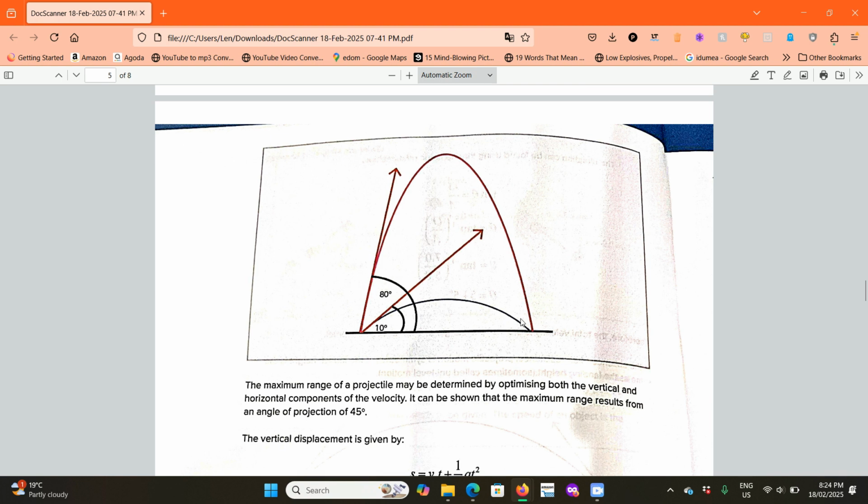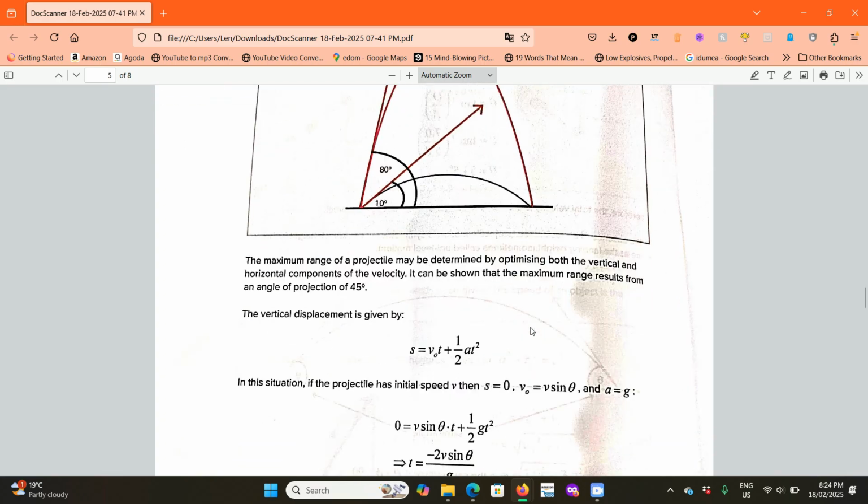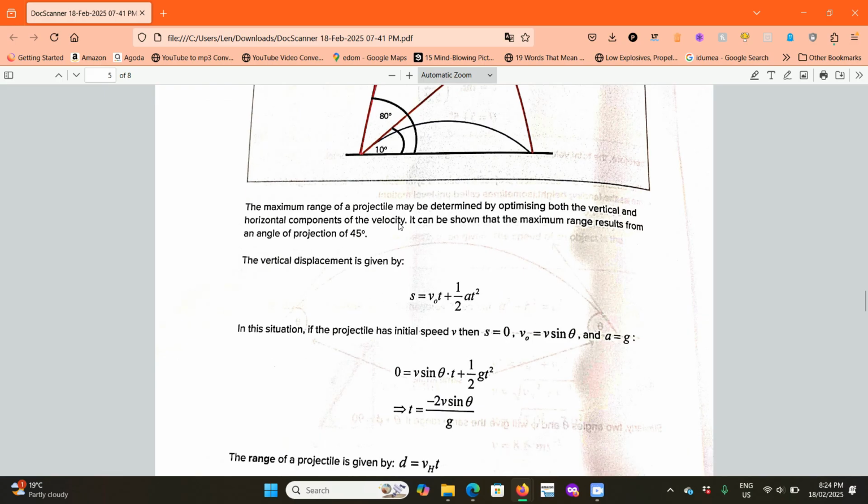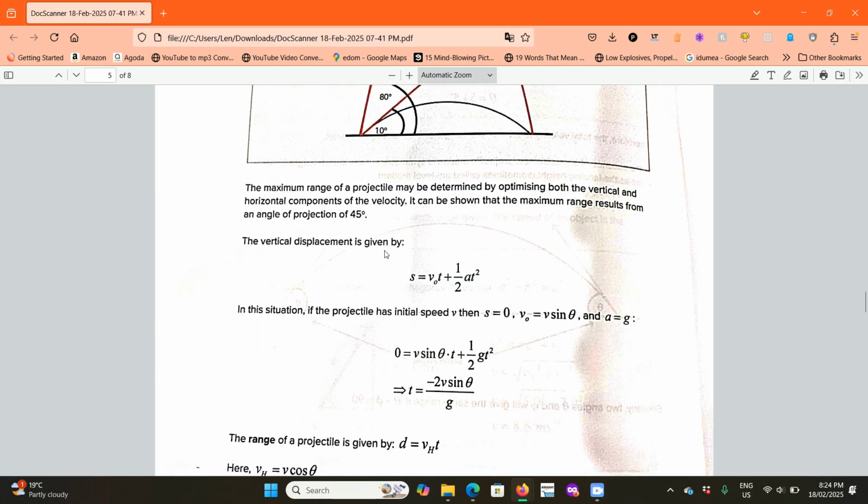Therefore, these two, doesn't matter that one has a hell of a lot more height, they're going to have the same range. Okay? And as you're well aware, maximum range of a projectile motion determined by optimizing both vertical and horizontal components. Maximum range comes at a 45-degree angle.